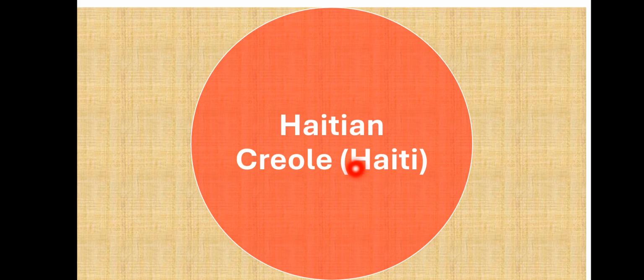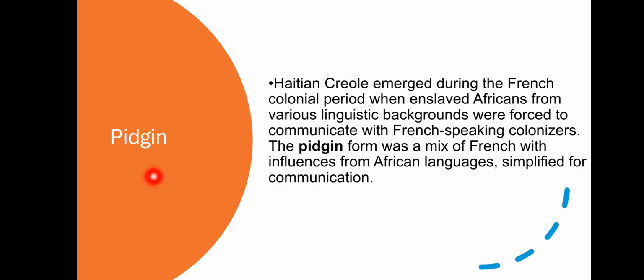Another example of a Pidgin language is Haitian Creole. Haitian Pidgin. Now, Haitian Creole emerged during the French colonial period, where the French were ruling over Haiti, when enslaved Africans from various linguistic backgrounds were forced to communicate with French-speaking colonizers.